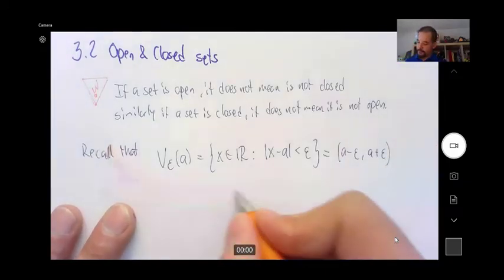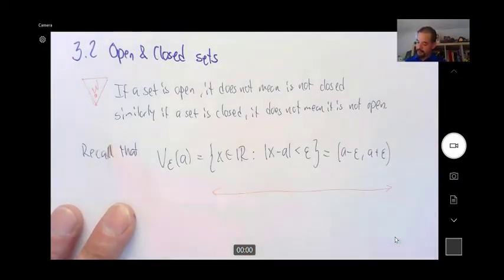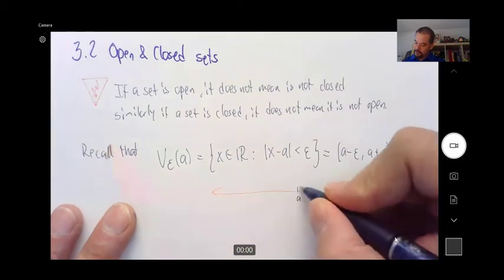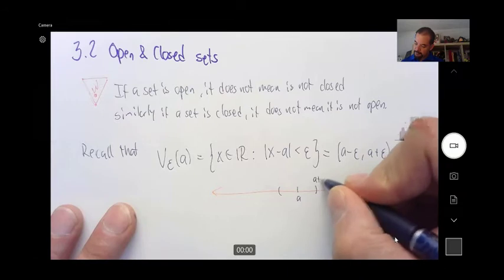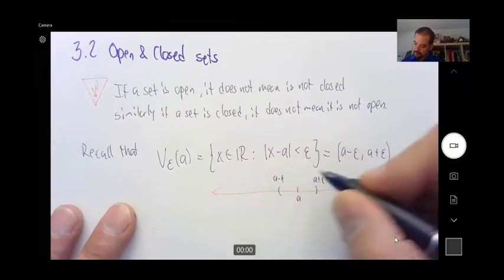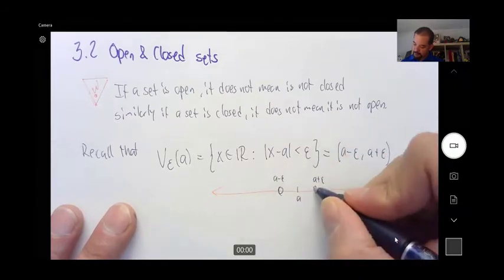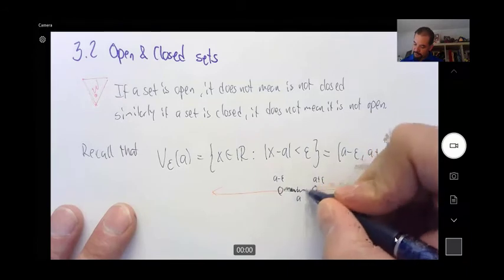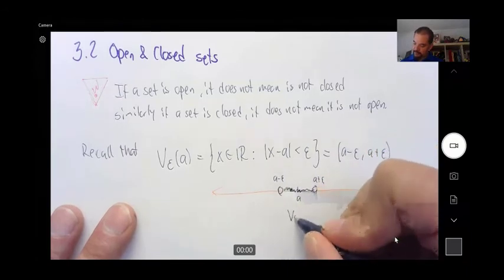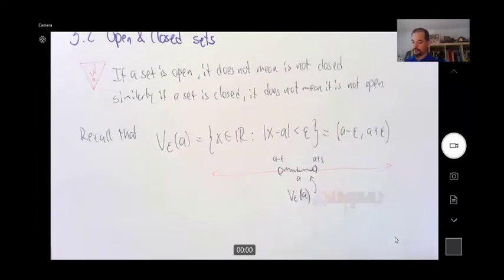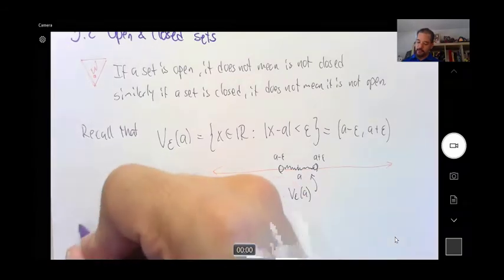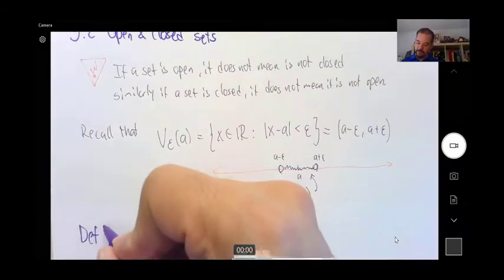If I were to do a picture, here's a real line. Somewhere there is A, and you go epsilon this way and epsilon that way. This is A plus epsilon, and this is A minus epsilon. You don't include the endpoints, but you include everything in between. That's V epsilon of A. All right, so that's just something we saw before, but we're going to need it to make sense of this definition.